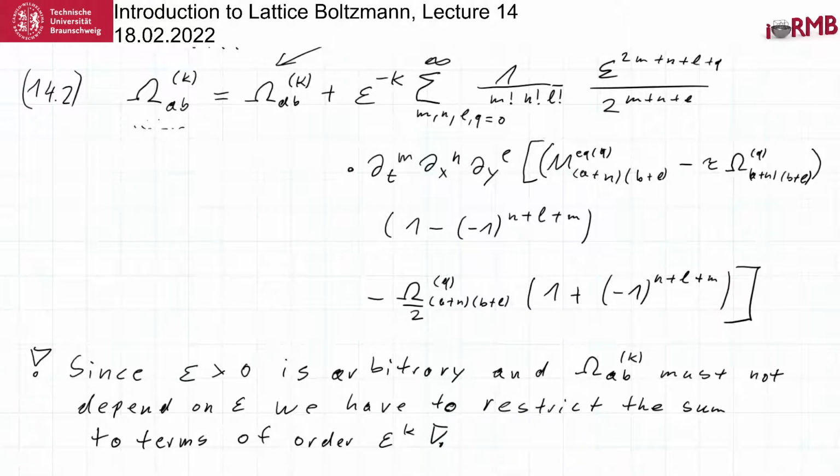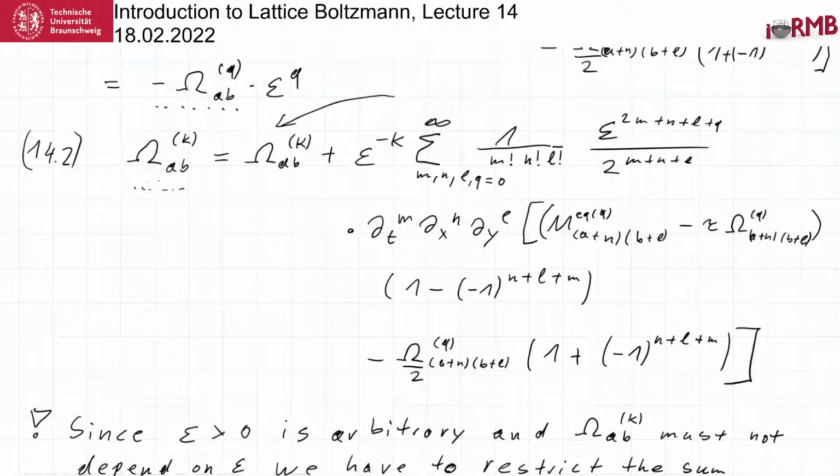So which means, and maybe I write this in red, that even though the sum goes over m, n, l, and q from 0 to infinity, what we also know is that 2m plus n plus l plus q is equal to k, because only then will this here cancel with this here, and we get something that is independent of epsilon.